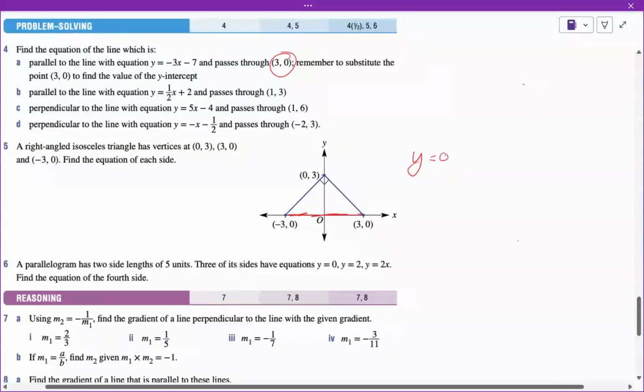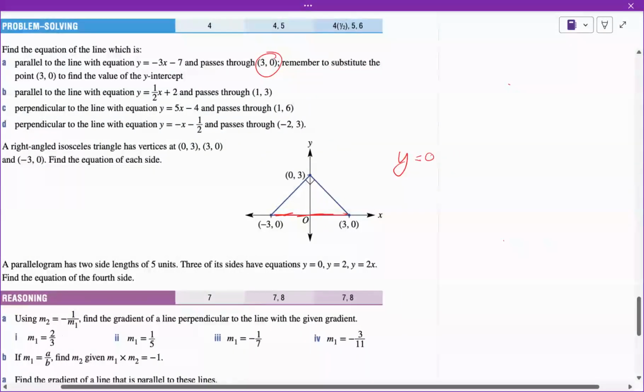So that's side 1. Let's look at side 2. Now, to find the equation of a line, we need its rise over its run. And this one here has a rise of 3 and a run of 3. So the gradient is rise over run, and it's going down. So the gradient's -1.